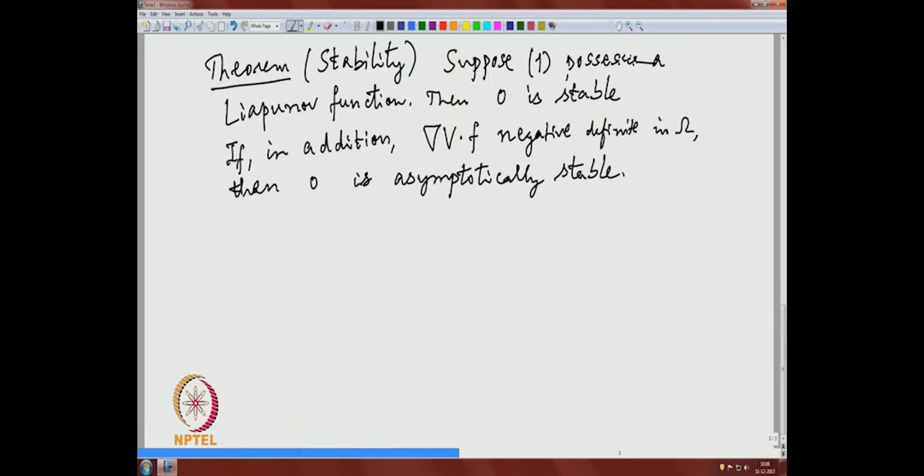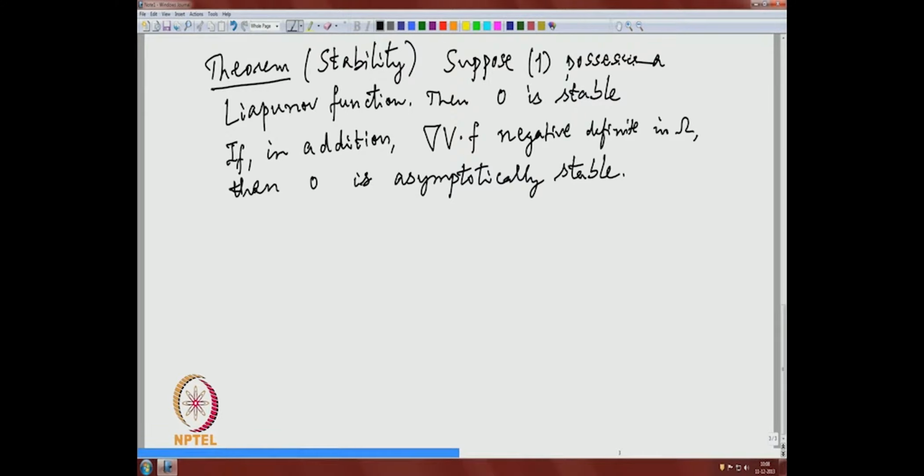So, now you clearly see what role the Lyapunov function plays as far as stability and asymptotic stability of any equilibrium point of the given system. Okay. So, that is the importance of Lyapunov function, and proofs are very easy and they use simple calculus.